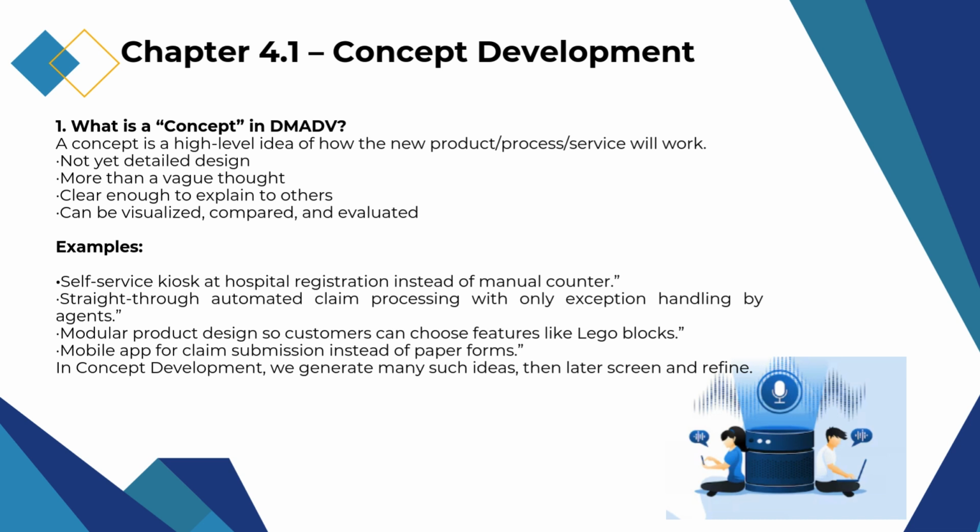Examples include ideas like using a self-service kiosk instead of manual registration, automating claim processing with only exceptions handled by staff, offering modular product features, or using a mobile app instead of paper forms. During concept development, many such ideas are created first and then reviewed and refined in later steps.